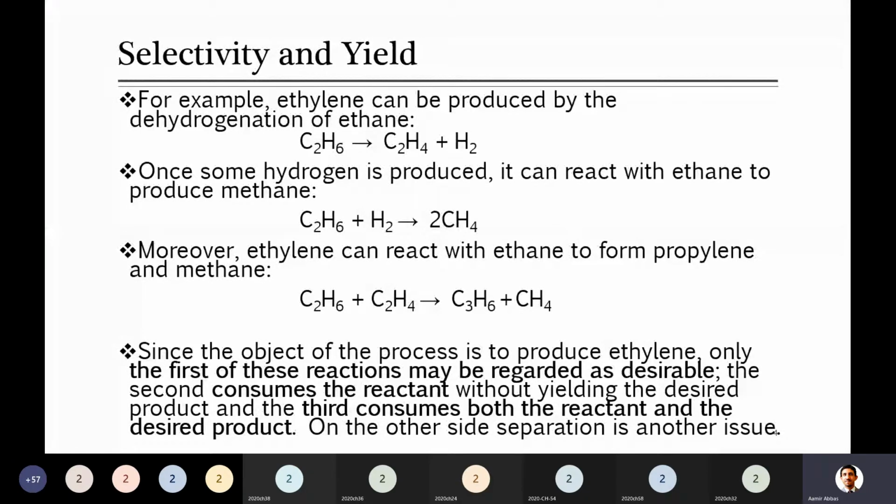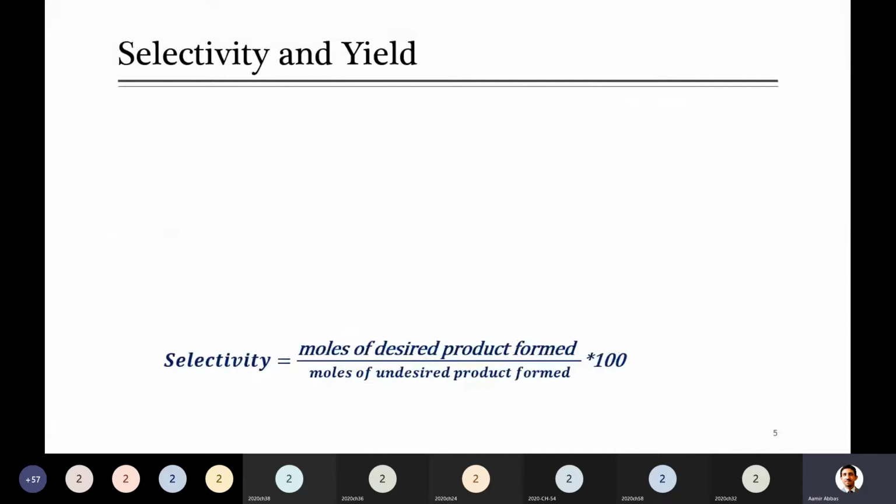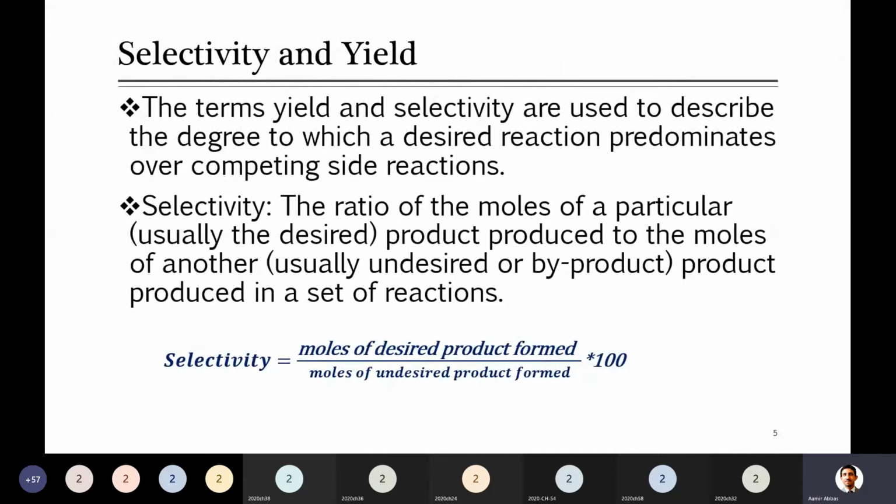For example, if I ask you to find the selectivity of ethylene with respect to methane only, you will use the moles of desired product, ethylene, divided by moles of methane only. But if you have to consider all the byproducts, it depends on your requirement and in which terms you are looking for selectivity. Understand?